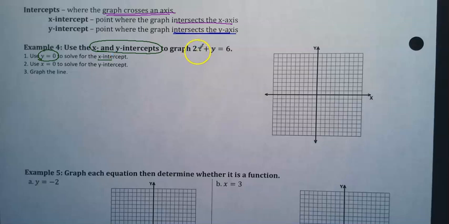We're literally just going to take this equation, 2x plus y equals 6, and solve it one time when y equals 0. So we're going to say, okay, 2x plus 0, because that's my y, equals 6. So maybe I should draw my line from the y.